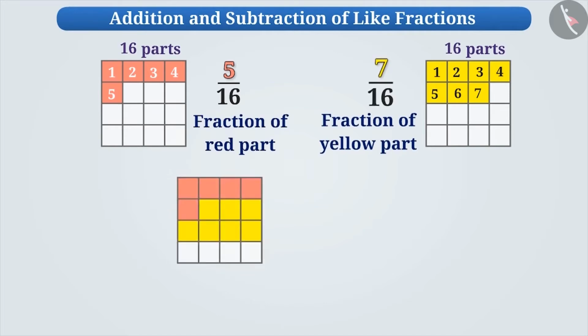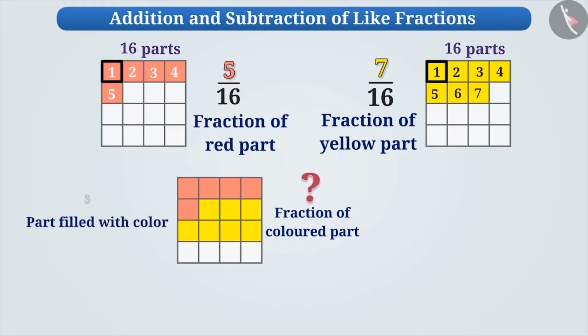Now can you tell me the fraction of the colored part in the whole square? Since the size of all parts is equal, we can find the number of colored parts by adding the red colored parts and yellow colored parts. That is, we have to add the numerators of both fractions. Therefore, adding 5 parts and 7 parts gives the answer 12.